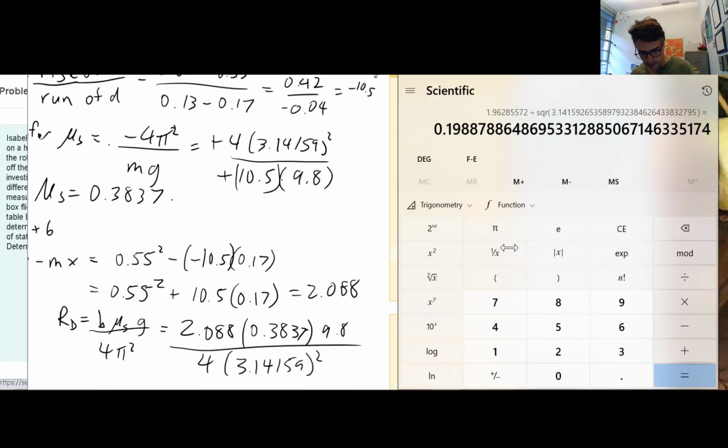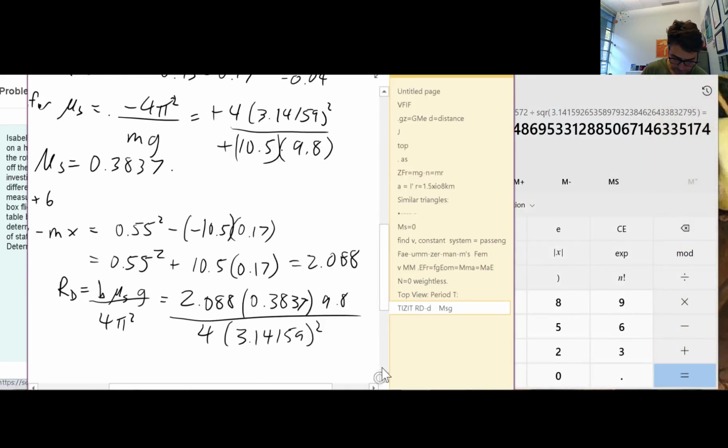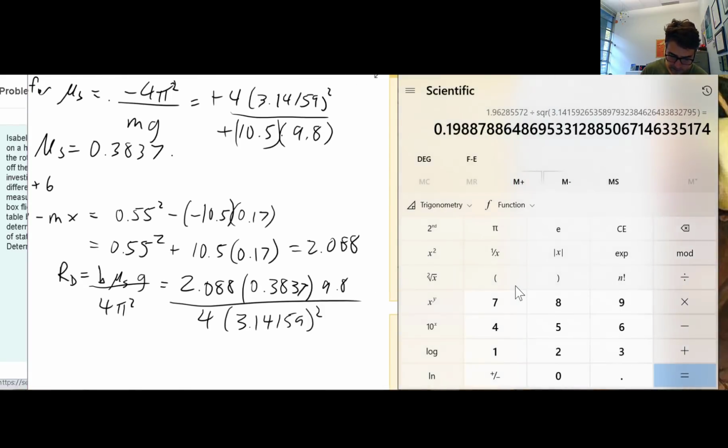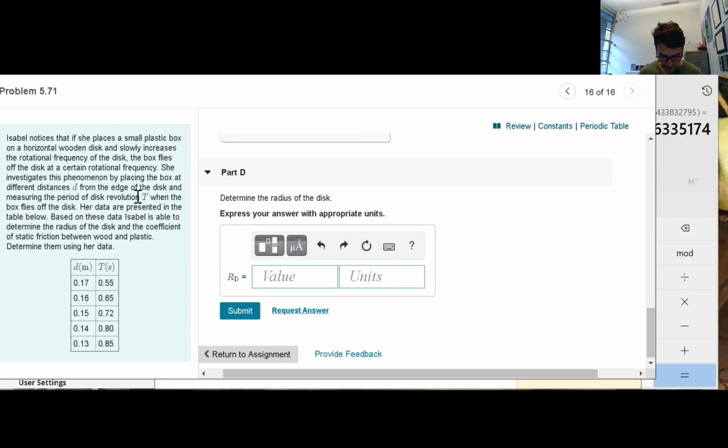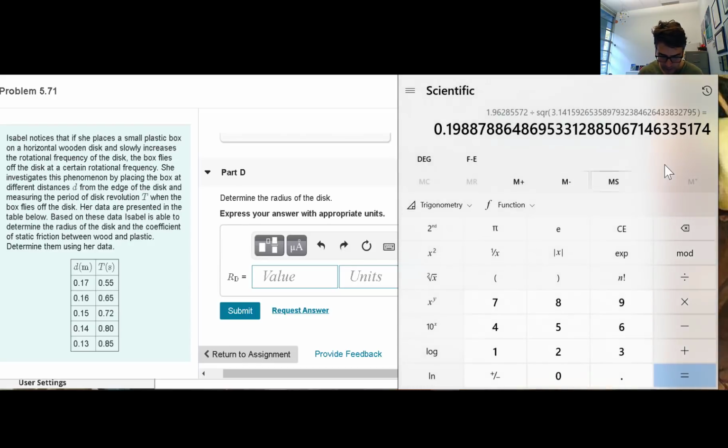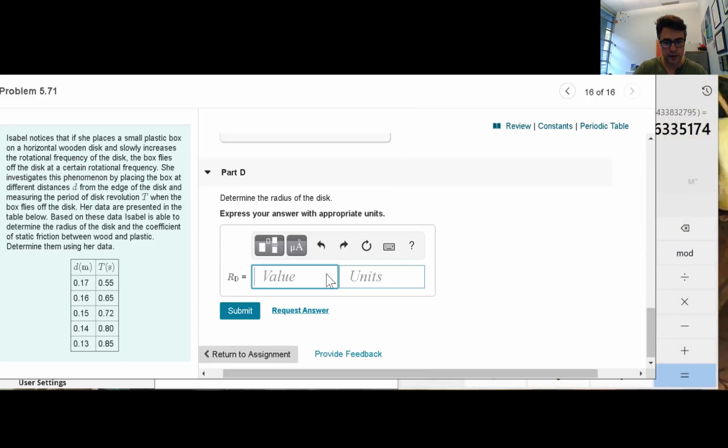And I get 0.1989. That is going to be in meters, is the radius of the disk. And let's do it in 2 significant digits, so it'll be 0.20 meters.